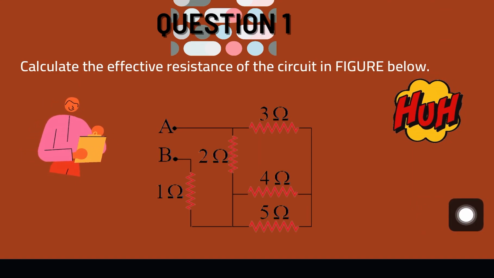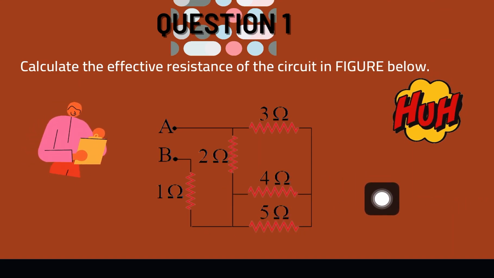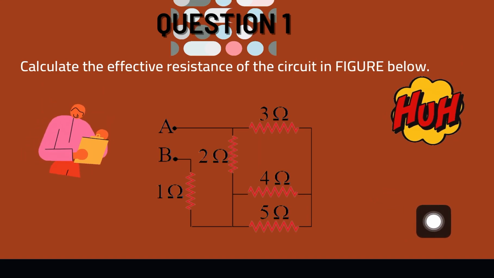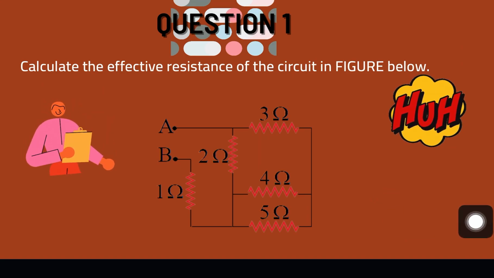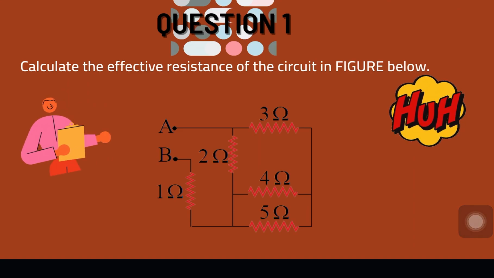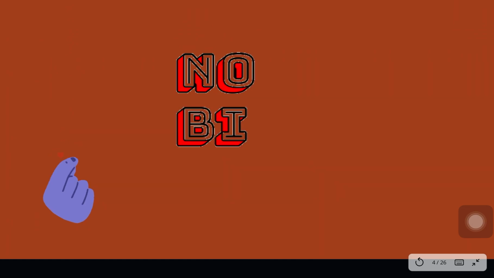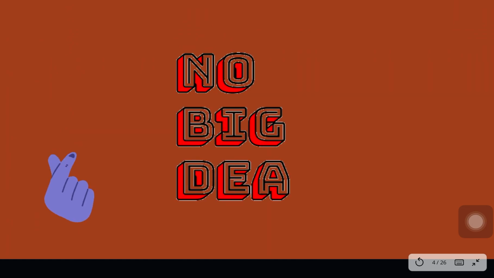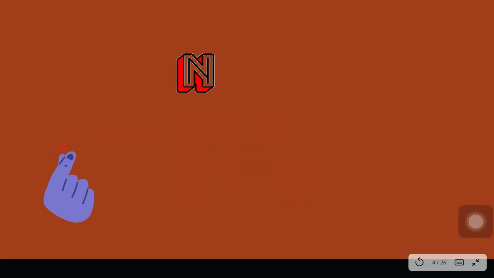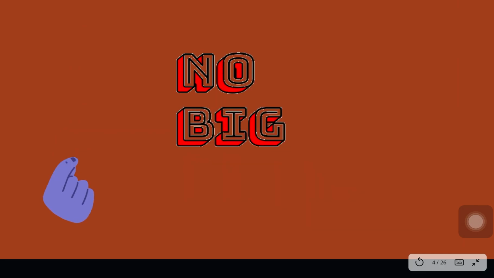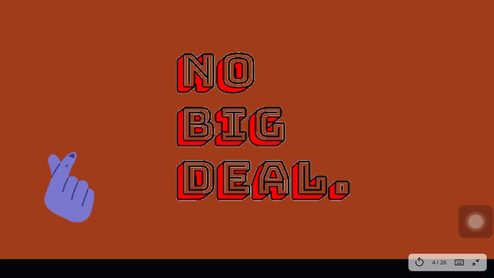Have you tried this question? Congratulations to those who have done this question, and no big deal for those who haven't done it yet. We are going to discuss this question together.